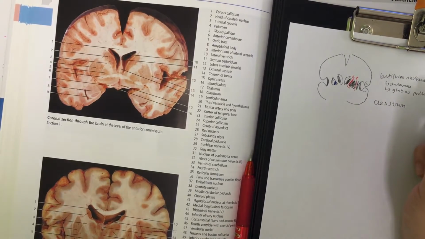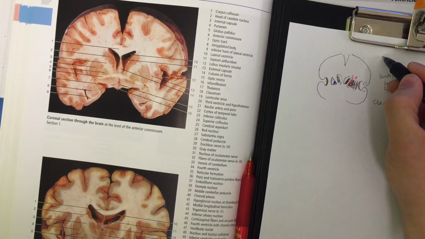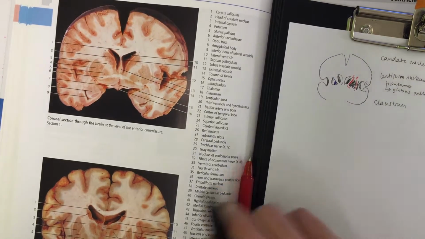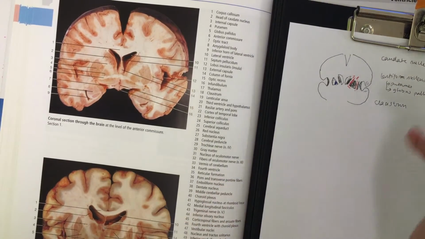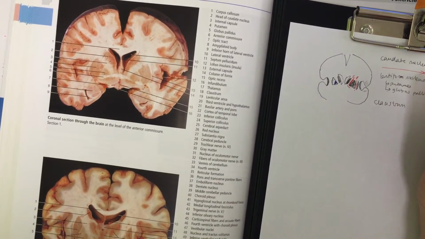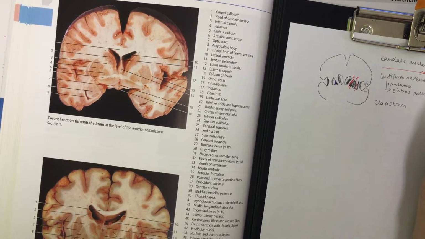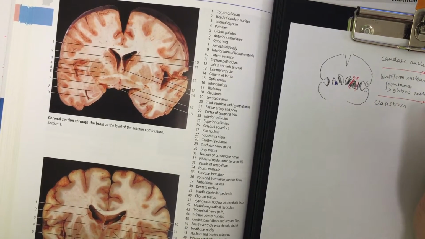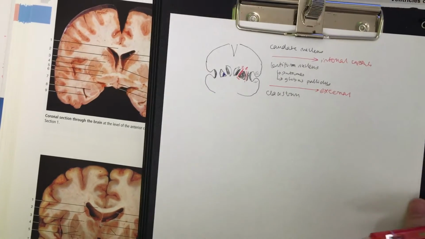So we started off with what? The caudate nucleus. In between that, we had the white matter, internal capsule. And then you have the lentiform, and then the external capsule. Sorry, you can't even see this.